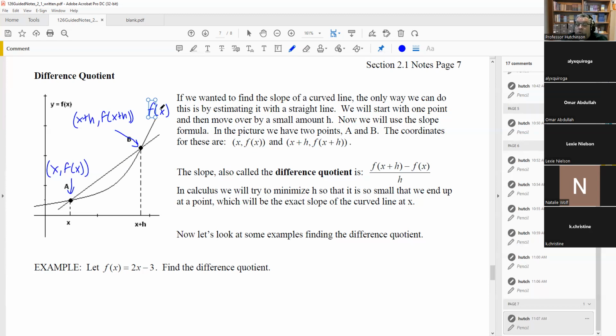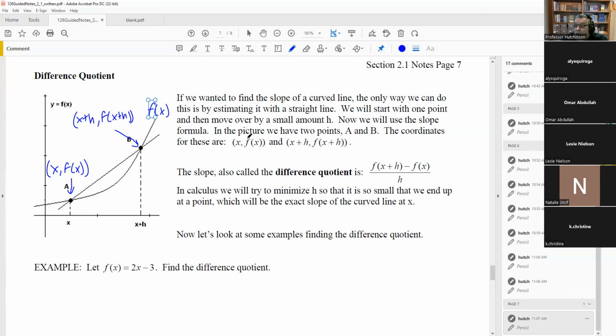Now what I want to do is take these 2 points and find the slope between them. Here are the 2 points that I have: x and f of x, and x plus h and f of x plus h.